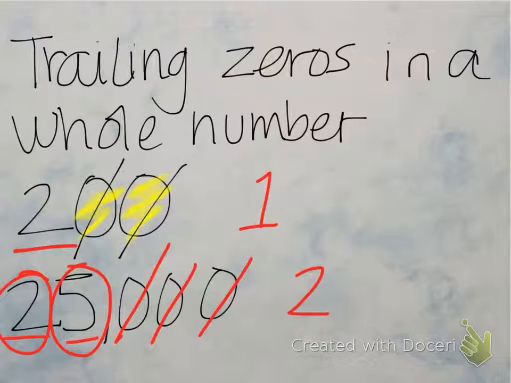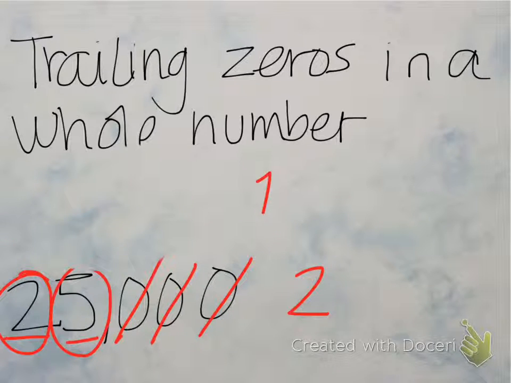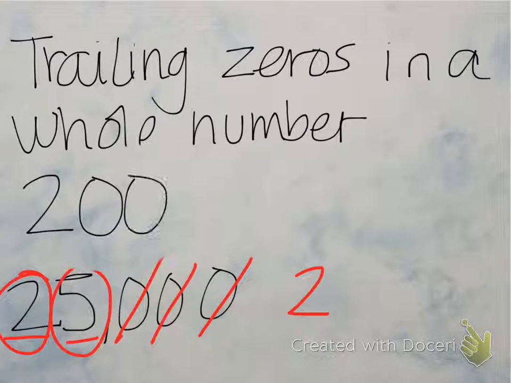So now, numbers like this kind of depend on how the number is written. If this 200 was written like this, 200.0, then now we would have 1. This is a trailing 0 in the decimal, so that is also significant.